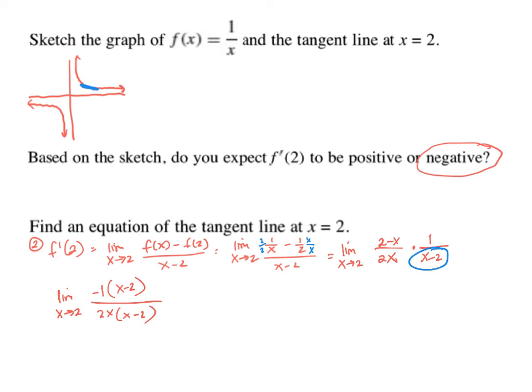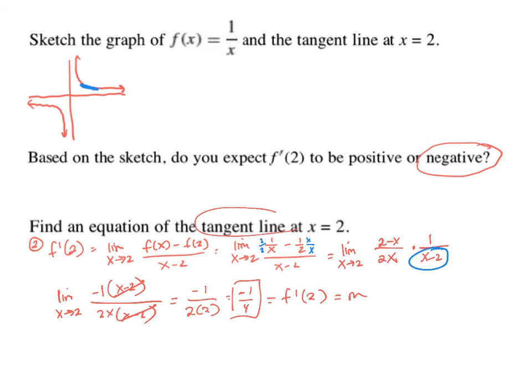Okay, so now I've effectively found the x minus 2 top and bottom. Get rid of it. There's that negative up top that I was looking for because I already said that my slope should be negative. So now I can evaluate this limit of negative 1 over 2 times 2, or negative 1 over 4. So there's my slope. That's my f prime at 2.